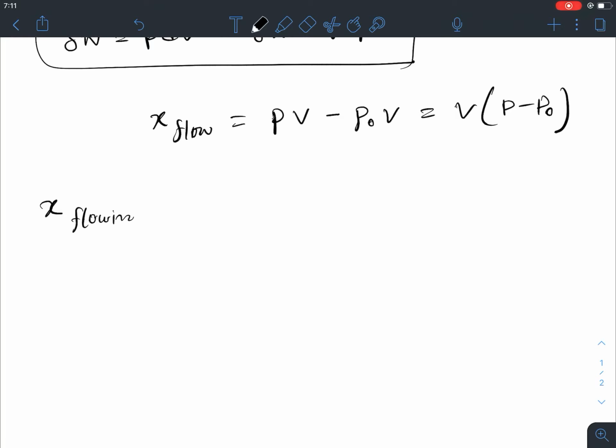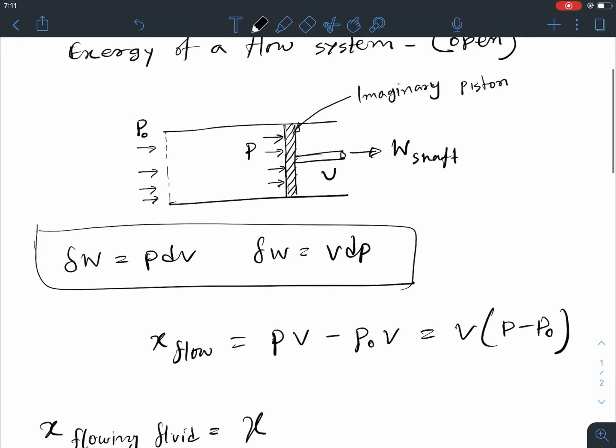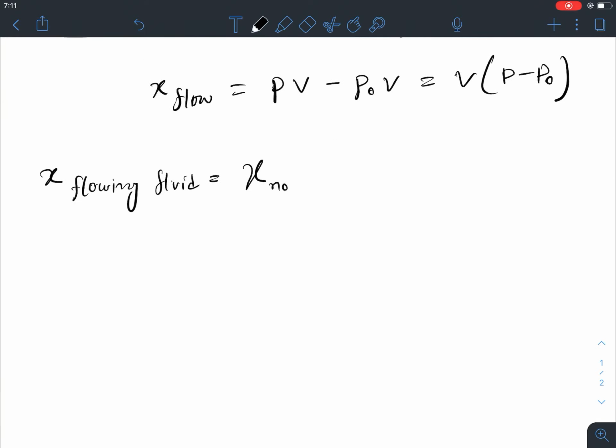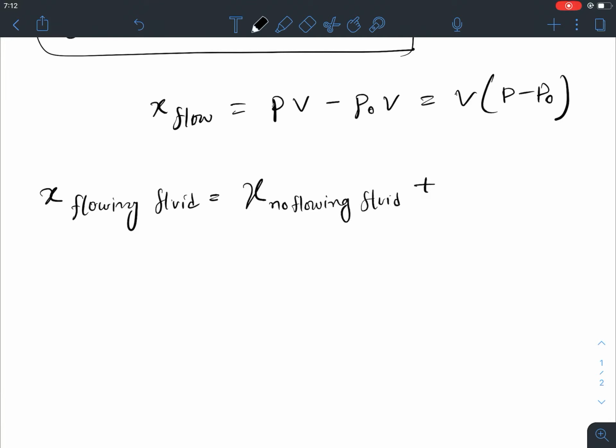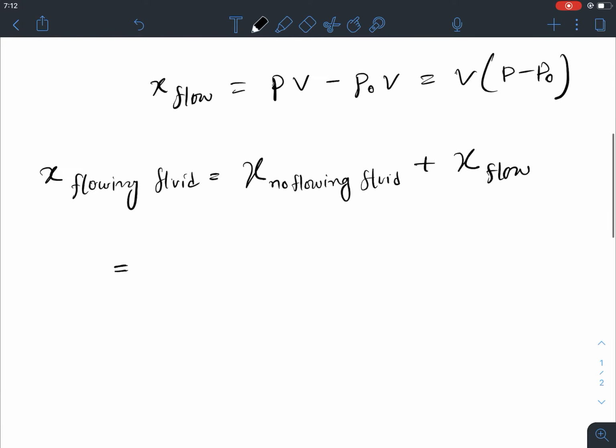So the Exergy of flowing fluid would be the Exergy of non-flowing fluid plus the Exergy of flowing fluid, flow.